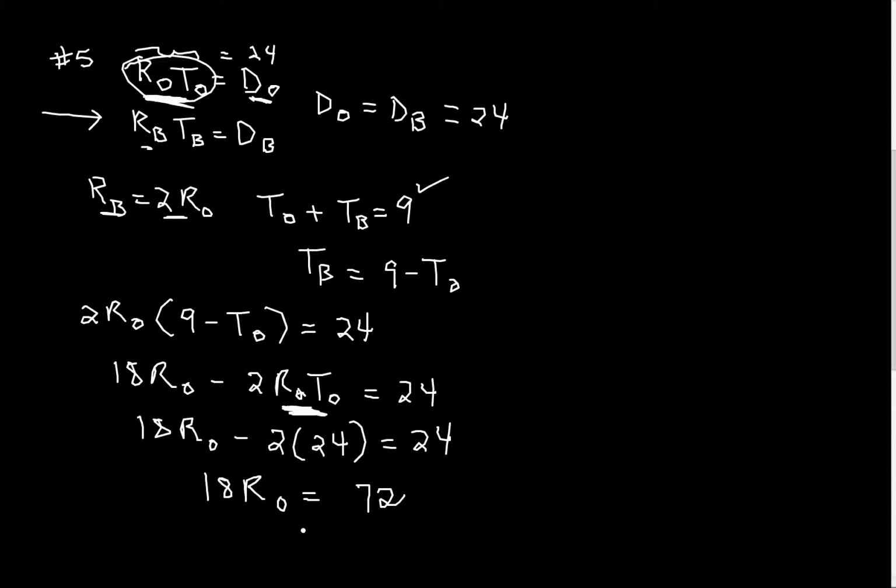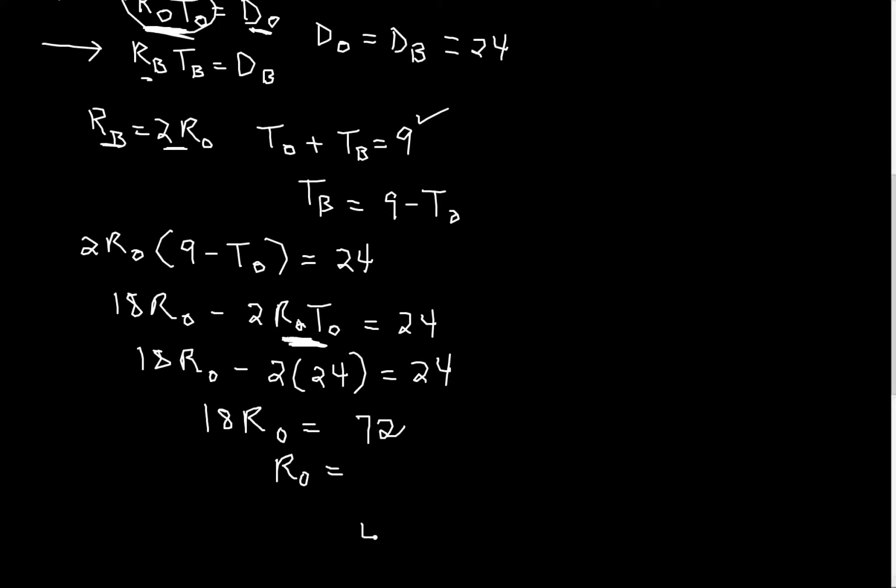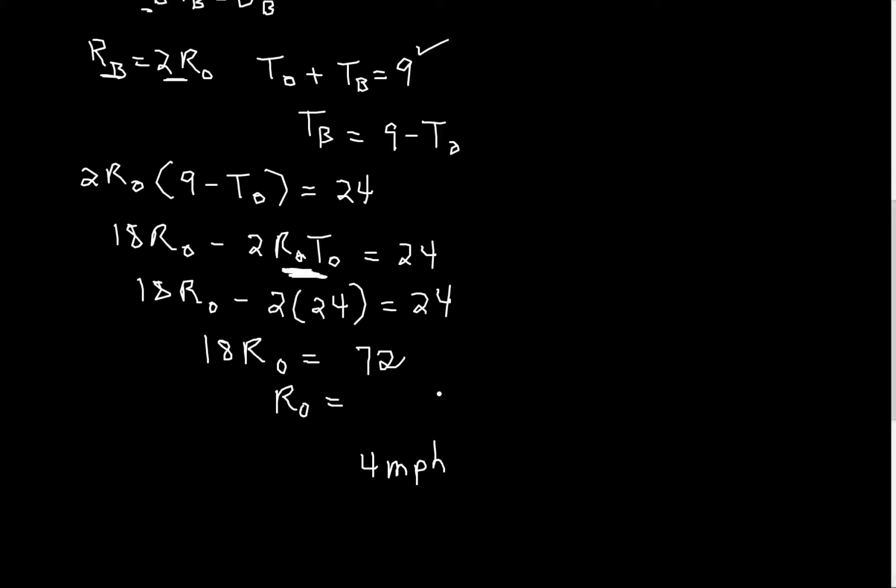So if you add that to both sides, you get 72. So the rate to school would be 4 miles per hour. Whoops, my whole thing shifted while I was writing. And then you can just go and figure out the other parts to it. But this was the tricky part right here, just figuring rate to school, time to school is 24. All right, slowly moving along here.